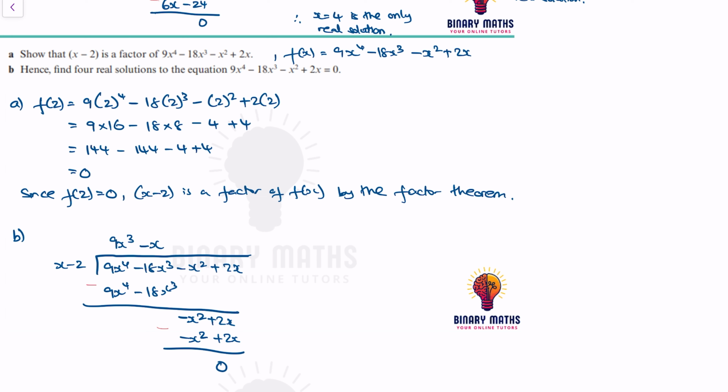So that means 9x to the power of 4 minus 18x cubed minus x squared plus 2x is equal to x minus 2 times 9x squared minus x. I could take a factor of x out, so I get x times x minus 2 times 9x take away 1.